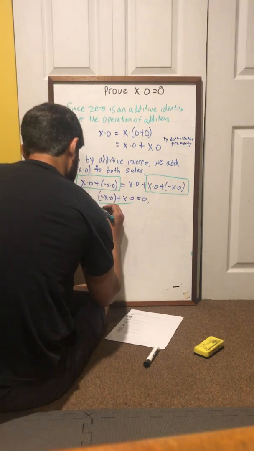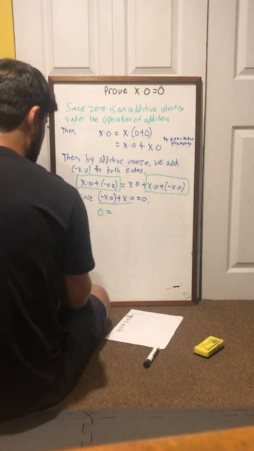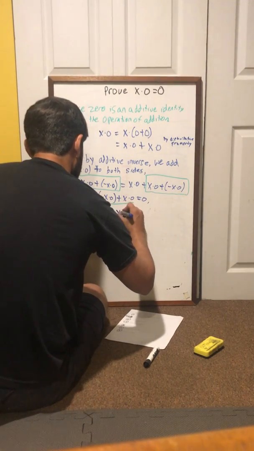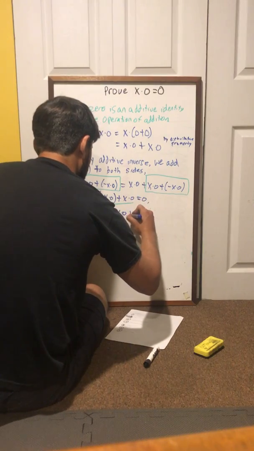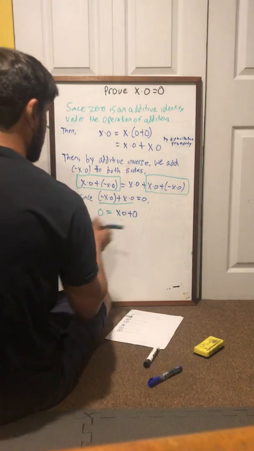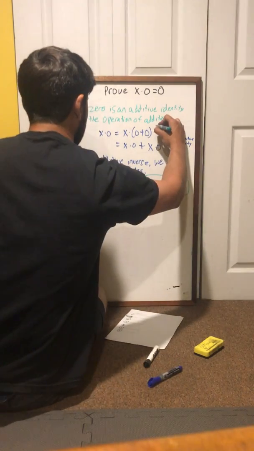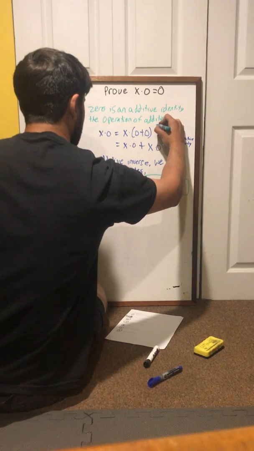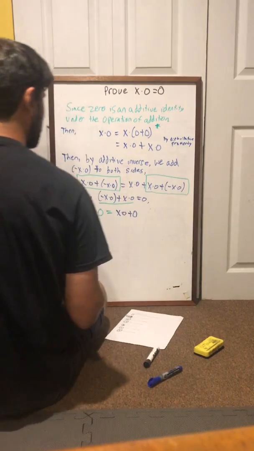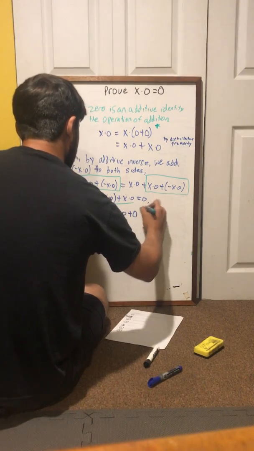So 0 equals x times 0 plus 0, all right? And this again looks similar to something we did before, right? So if we look up here, similar to this, okay?